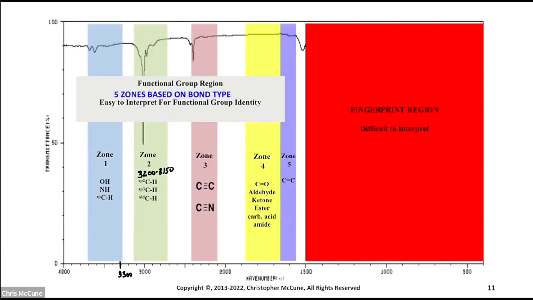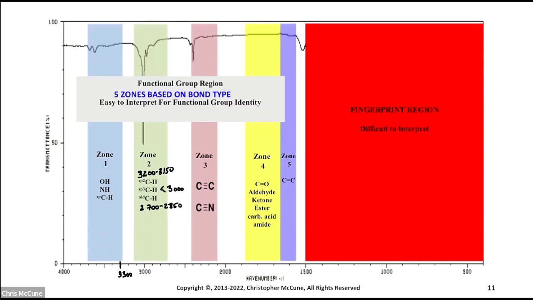Your sp3 CH stretches, these are all going to be less than 3,000 in this region. And then your aldehyde CH stretch, this is around, I'll say 2700 to 2850 or so. Sometimes you'll see that show up. Aldehyde CH stretches are really characteristic in the IR. So if you have an aldehyde, you're going to see it.